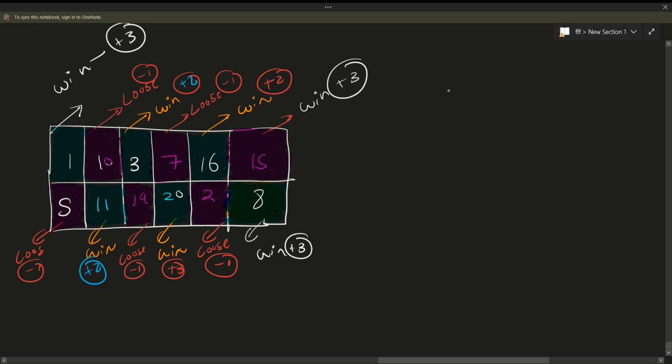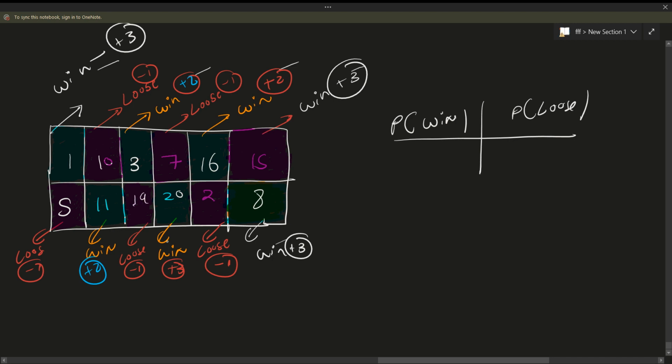Before going on, let's see the probability of winning and losing. You need to mention the probability that you will win. So 1, 2, 3, 4, 5, 6, 7, so 7 upon 12, since there are 12 numbers, and the probability of losing will be 5 upon 12.